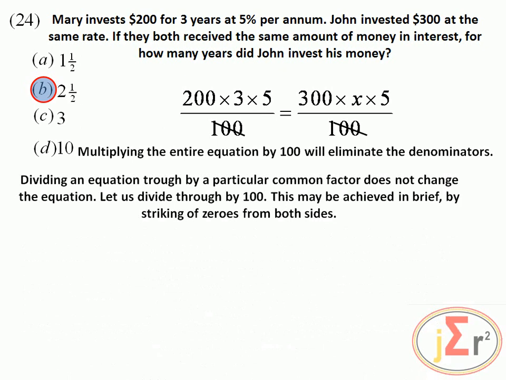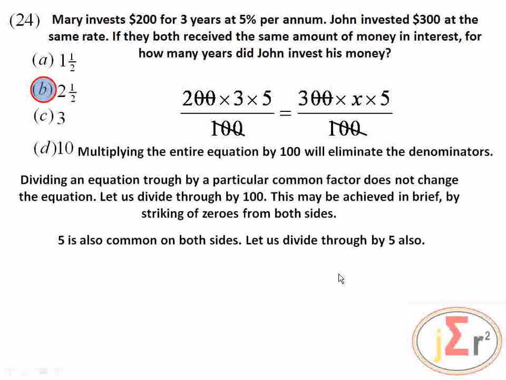Let us divide through by 100. This may be achieved in brief by striking off zeros from both sides. There we have that. Dividing both sides of the equation by a factor of 100. And first we eliminated the hundreds from the denominator by multiplying the entire equation by 100.